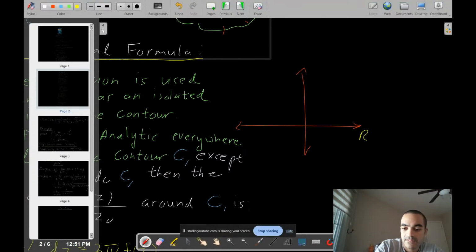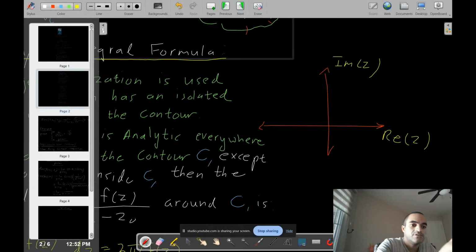This is the real axis, real as a function of z, the imaginary axis on the y-axis, okay? So the imaginary axis is on the y-axis. And I'm going to use blue, I think.